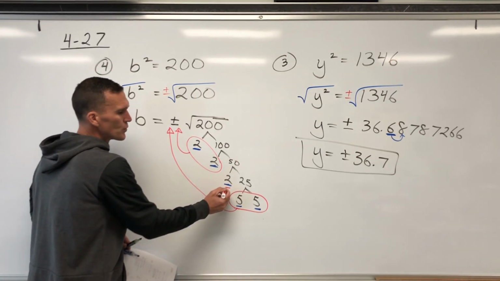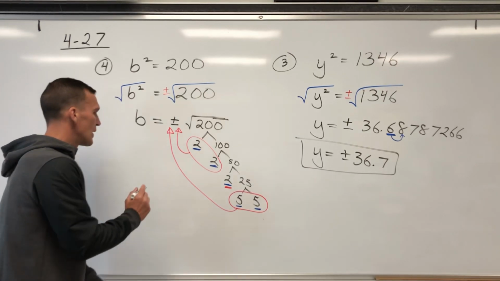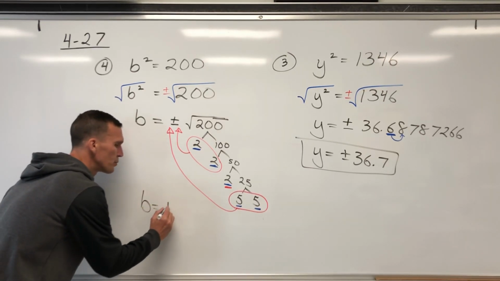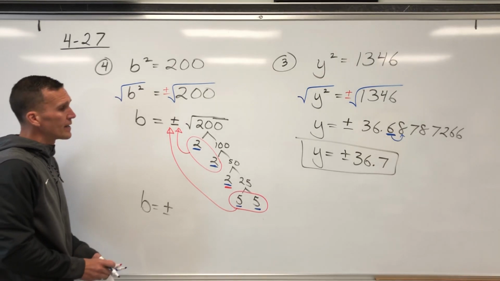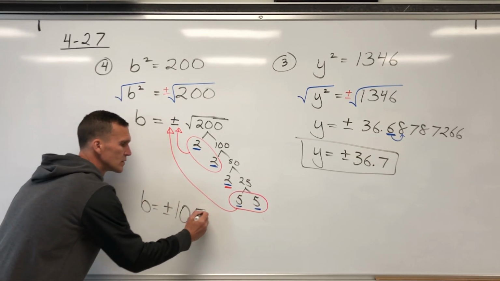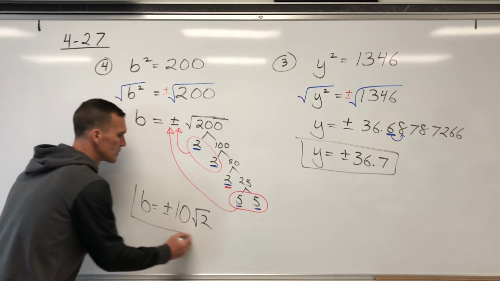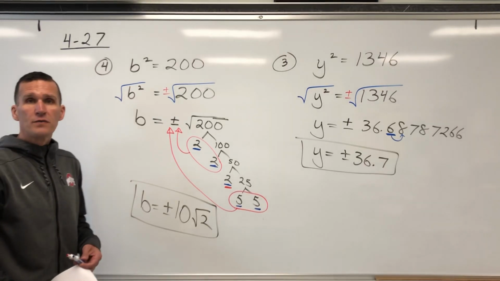And this 2 is trapped. He doesn't have a partner. So I have b is equal to plus or minus. On the outside, a 2 times a 5 makes 10. Square root, and that 2 stayed trapped, so it's radical form.